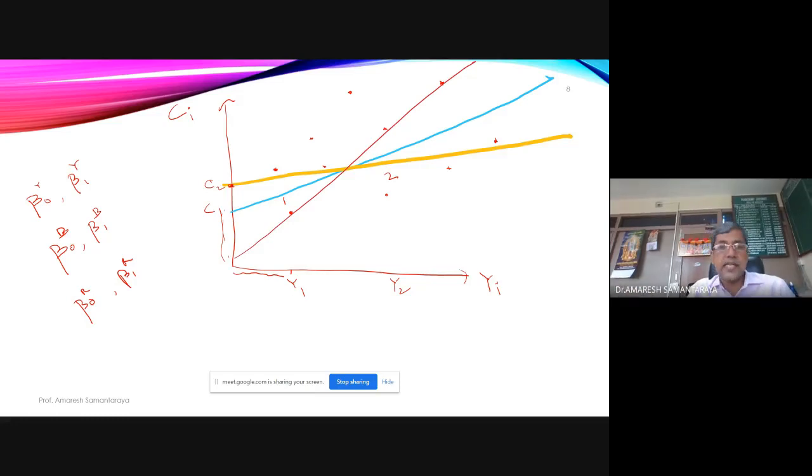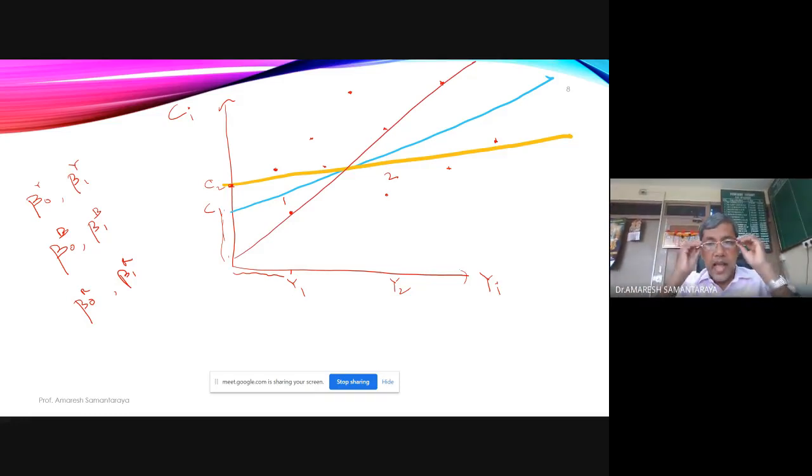I am explaining that maybe in the world there are 10 individuals, and we have collected the consumption and income information for these 10 individuals, and we have plotted these combinations as a scatter plot in front of your screen.